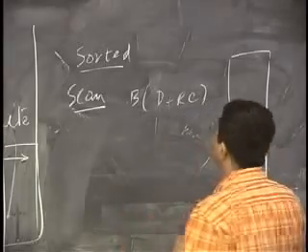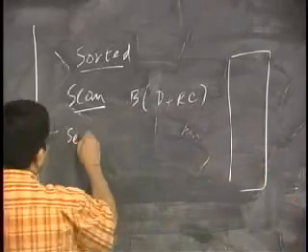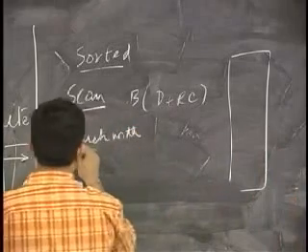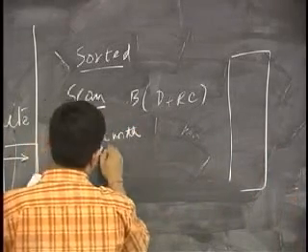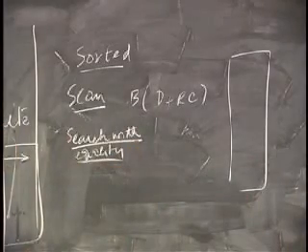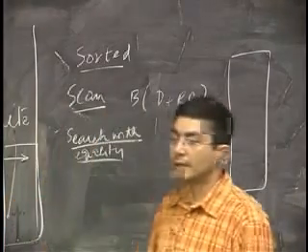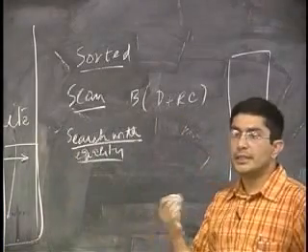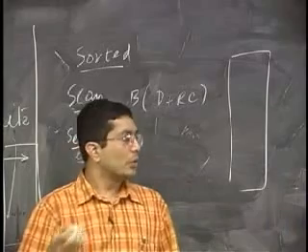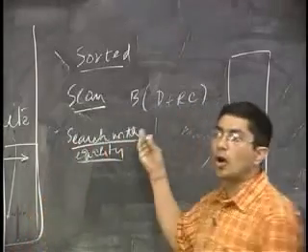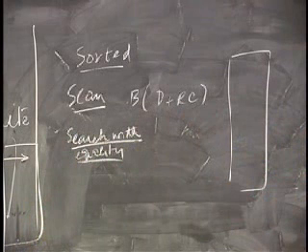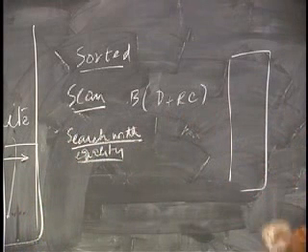Okay, so if we do a search with equality, the advantage of sorting is that now you can start comparing. You guys did some binary search before, right? So that is where the logarithm comes in, and you have a huge improvement on your searching ability because it is sorted.